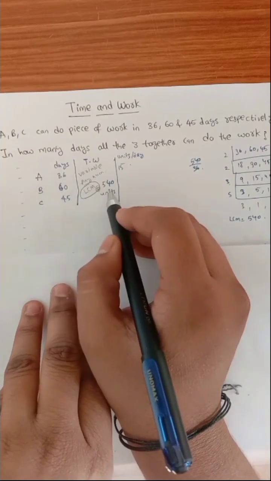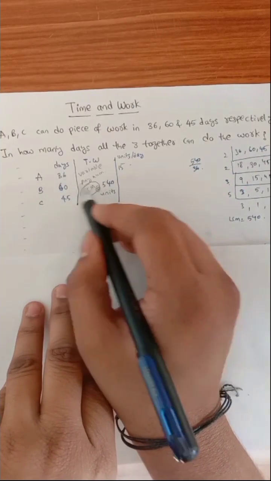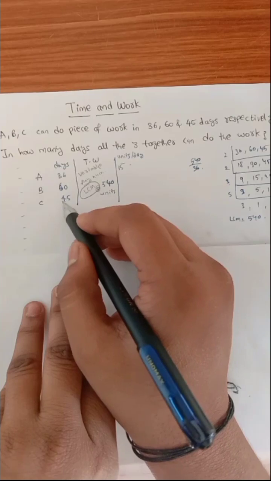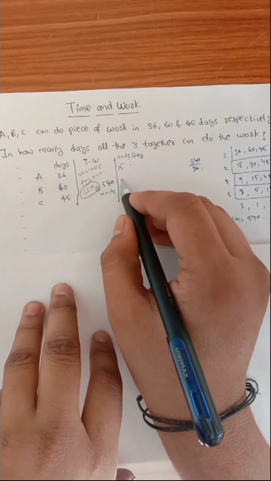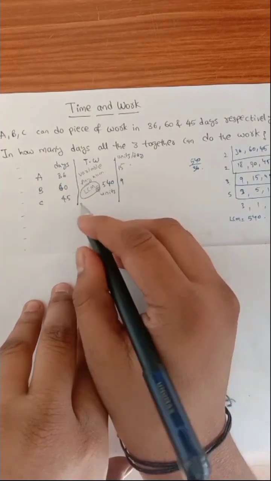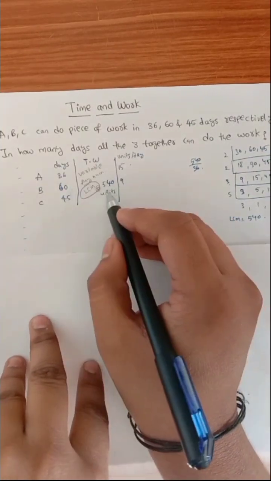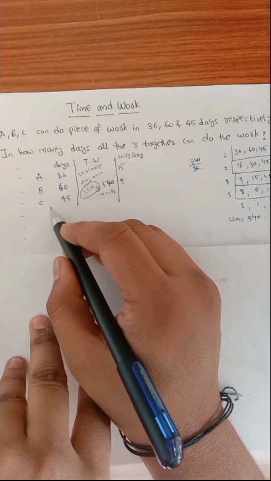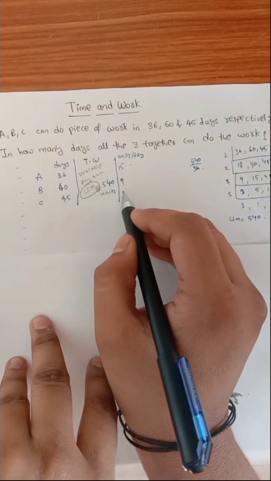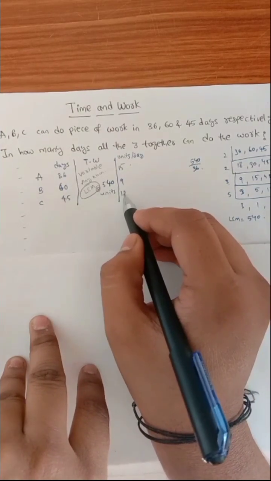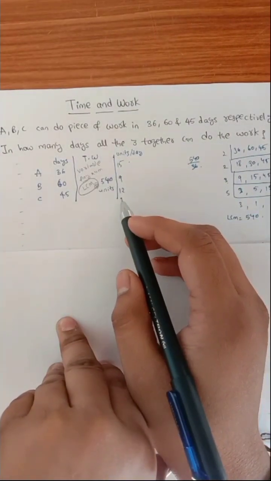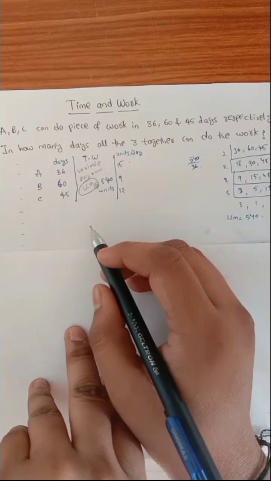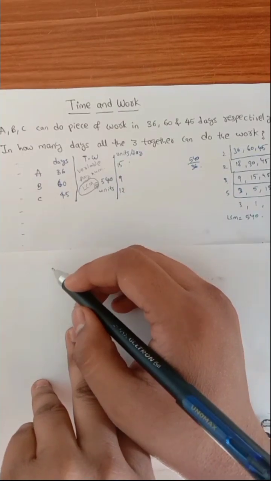And B can perform these 540 units in 60 days. Per day he can complete 9 units, and these 540 units C can complete in 45 days. Means per day he can complete 12 units. See, up to here you have completed the first part of the question.